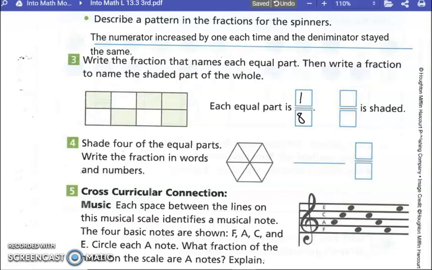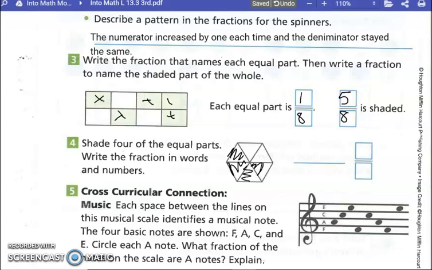Okay? Now it says blank is shaded. So we're looking at these green ones. And there are 5 of 8 shaded. Shade 4 of the equal parts. Write the fraction in words and numbers. So we're going to shade 4 of these. Okay?